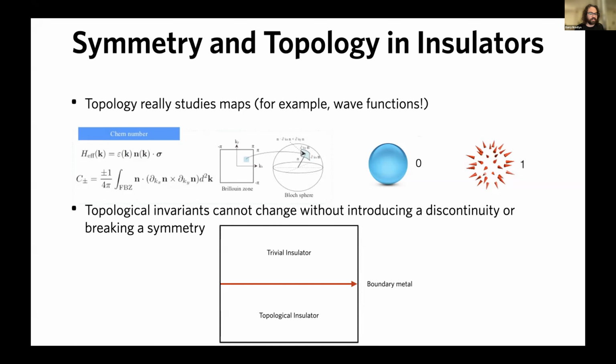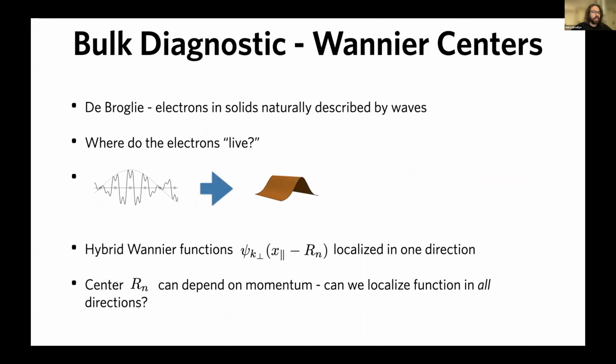Since these topological invariants can't change continuously, something has to happen that distinguishes between my trivial and topological insulator. In most cases, that something is the existence of a boundary gapless state. So this gives us a way to understand topological insulators by looking at the boundaries.